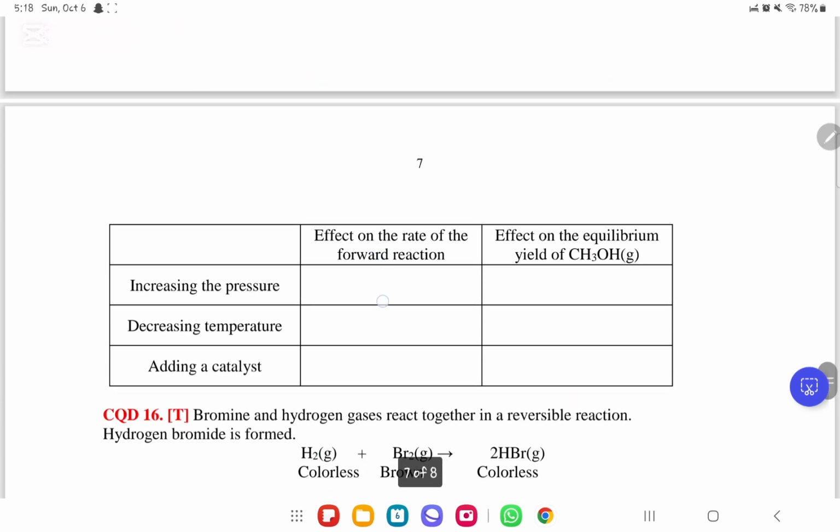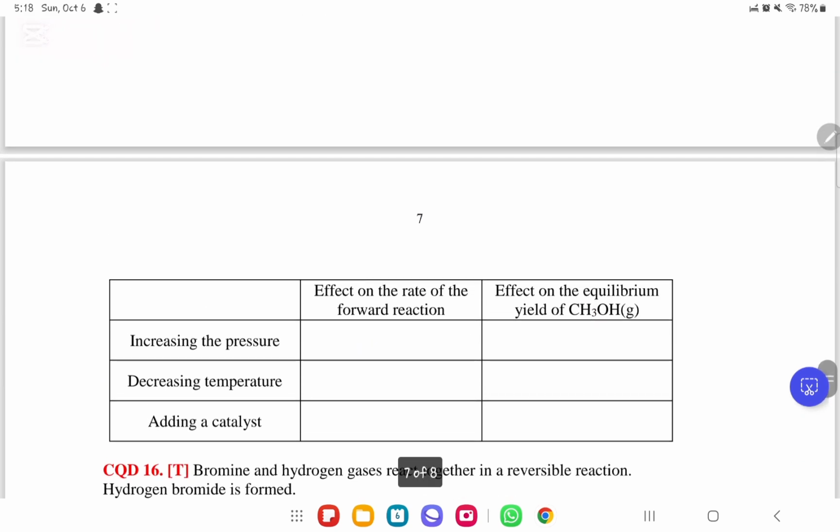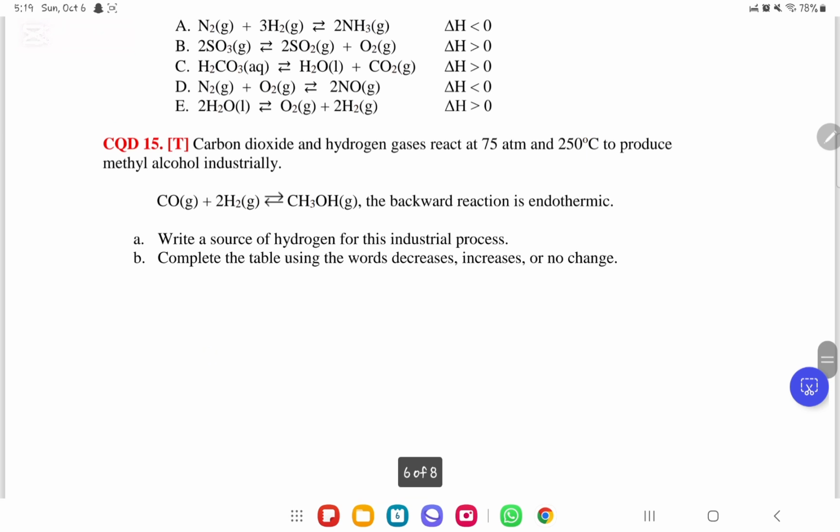They're asking us what happens to the rate of the forward reaction. It increases. And what is the effect on equilibrium on the yield of CH3OH? Because CH3OH is in our products, and we said the concentration of products increases, consequently the yield of CH3OH increases. Now, we said it is exothermic, so let's rewrite it knowing it's exothermic.